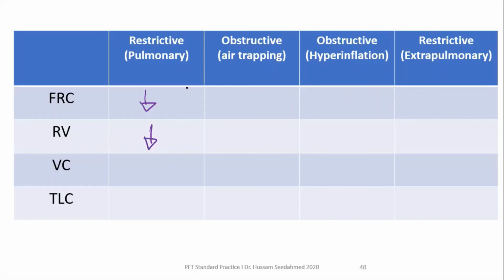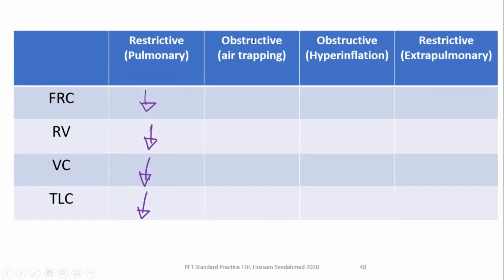What about the vital capacity? The vital capacity will also proportionally be reduced. Since all of these are reduced, the TLC will be reduced. So these are the lung volumes in case of pulmonary restriction.